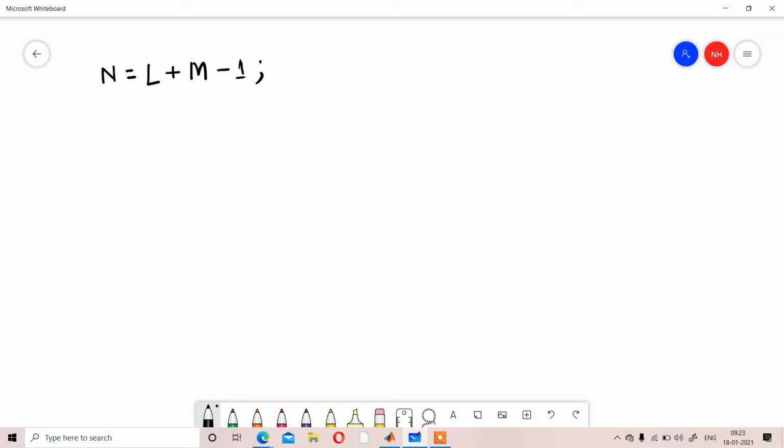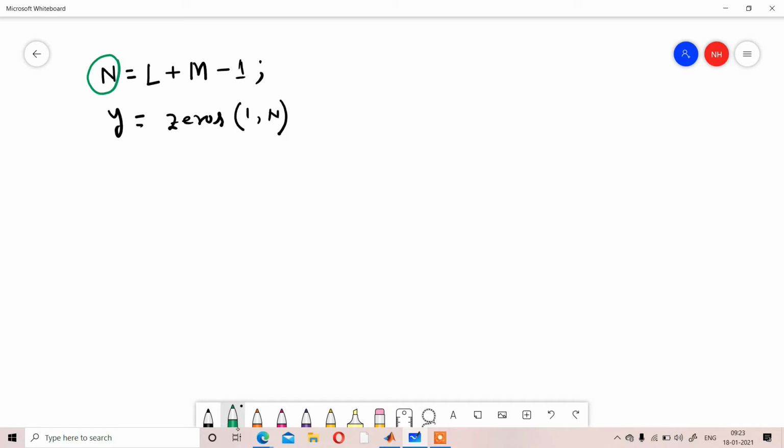Okay, now y, that will be your output, that I am defining as zeros(1, n). What does that mean? That means whatever the value of n we are getting, that is the size of y.